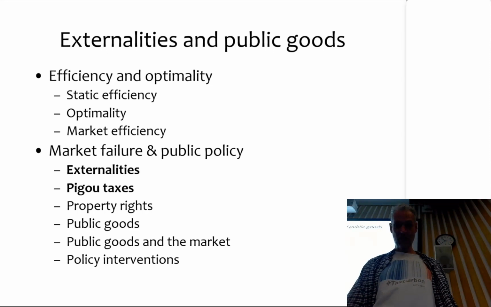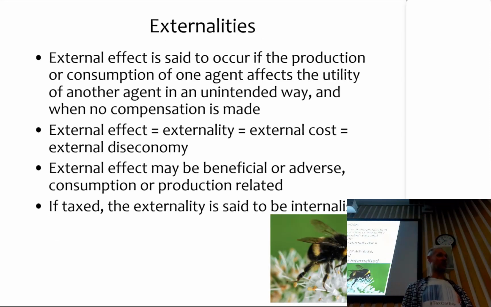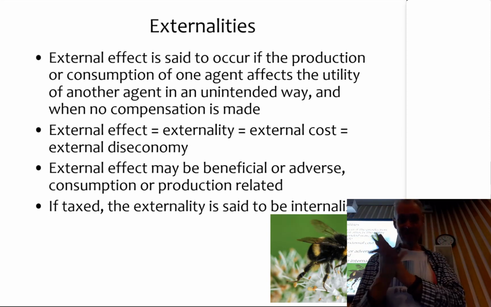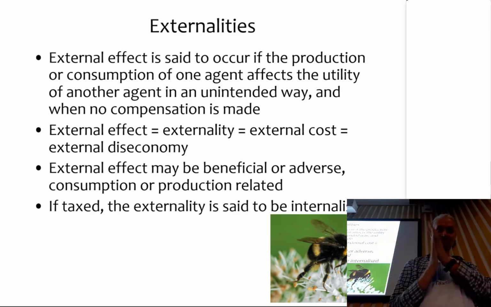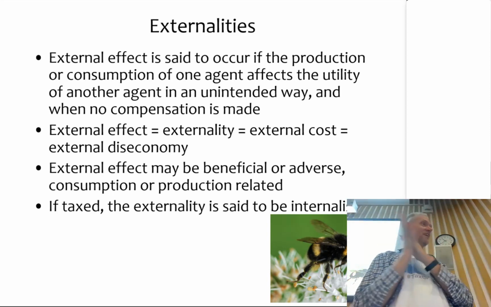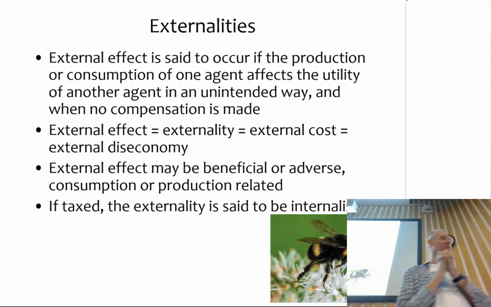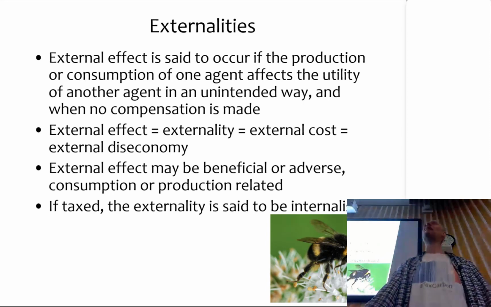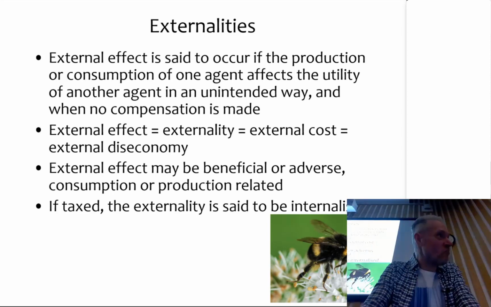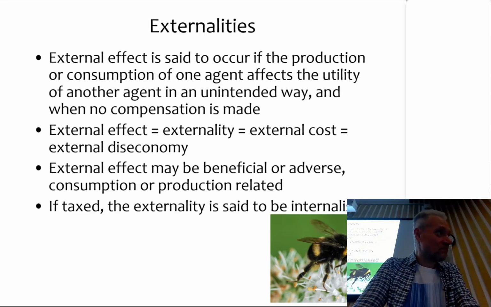So, let's start with the first one. What is an externality? There are a number of words for this, and there's actually confusion in the literature about what is an externality. But this is my definition.